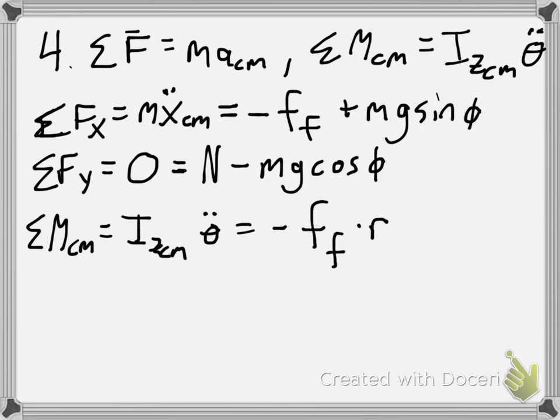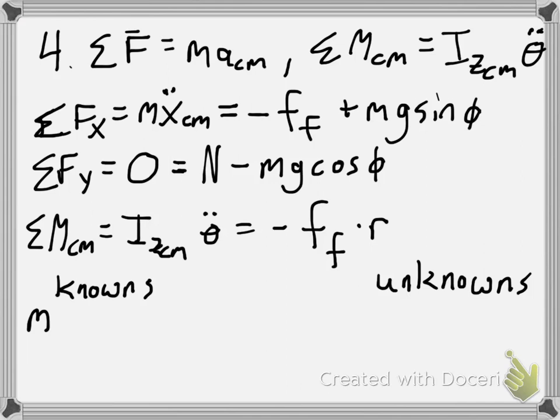Okay, I'm going to try and put knowns and unknowns on the same slide. Knowns and unknowns. So, going equation or variable by variable, m. X double dot center mass. That's the equation of motion we're trying to find. Force of friction.